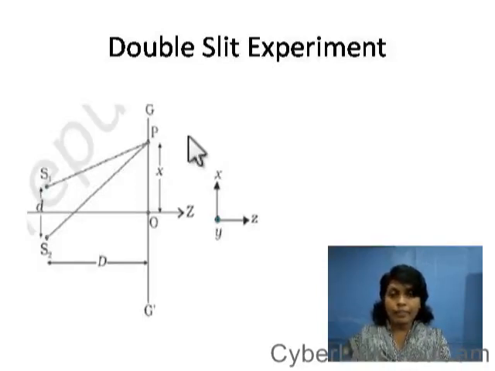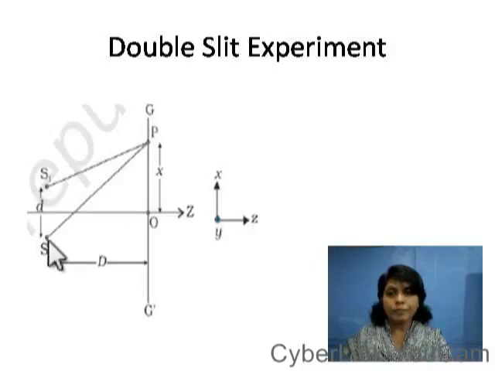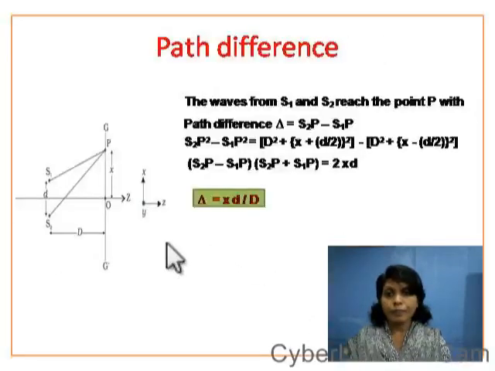To calculate that difference in path, let's consider a triangle. Here, for that triangle, S2P square is equal to D square plus D by 2 plus X the whole square.